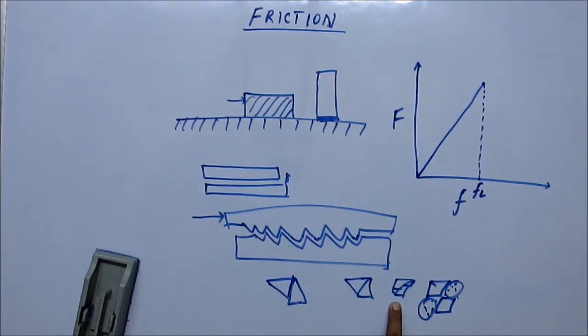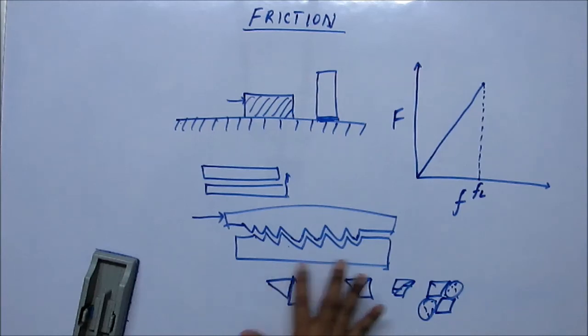And when you increase the force above a minimum level, these teeth and lockings will break, and the body will be free to slide on the lower surface. That's why friction exists between surfaces. No matter how smooth it seems to us, at the molecular level there are always irregularities and interlockings between two contacts.